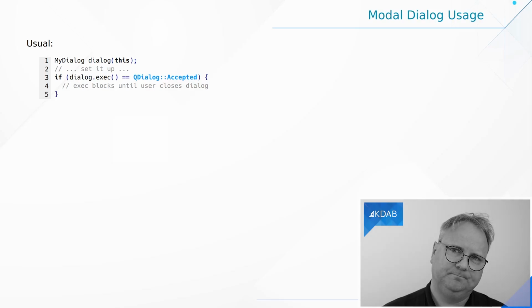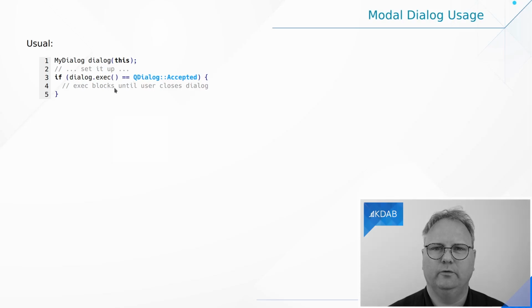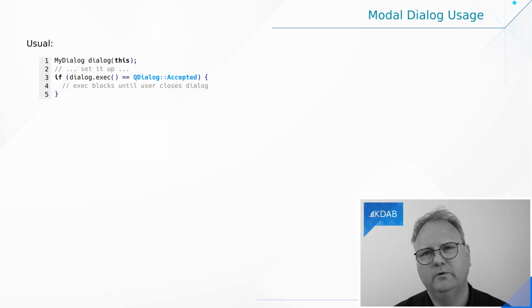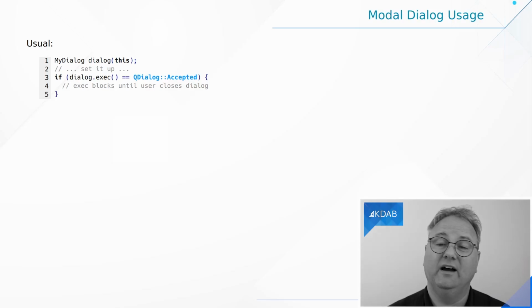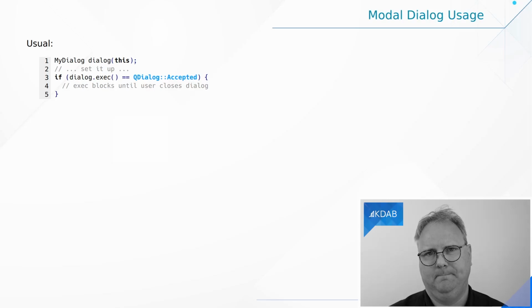Now, of course, I'll block here, and down in this code, that's where I'll go dialog.login and dialog.password or whatever to get the values out of the dialog. Super convenient. I have the dialog pointer right there. I know at line 4 and forward that it was accepted.